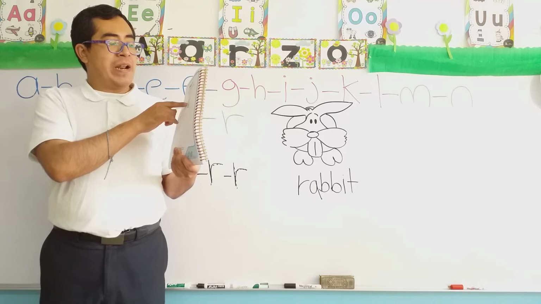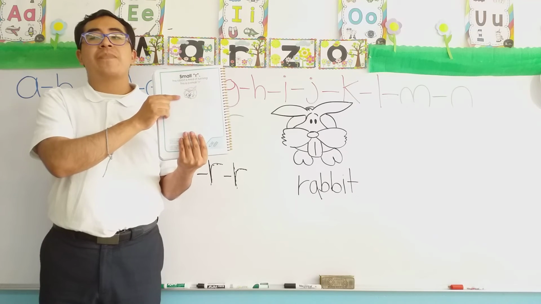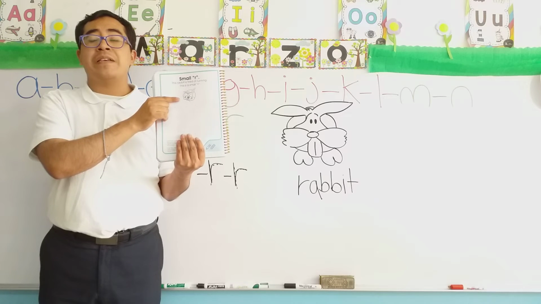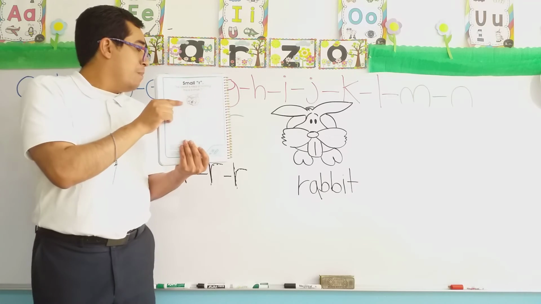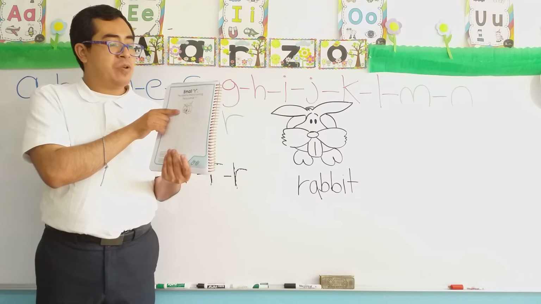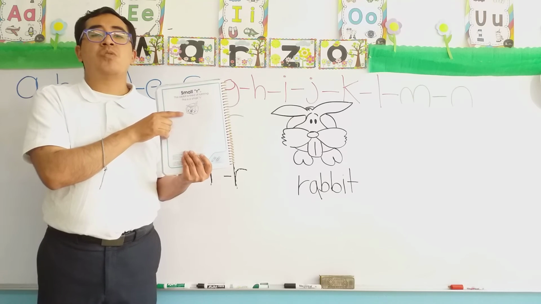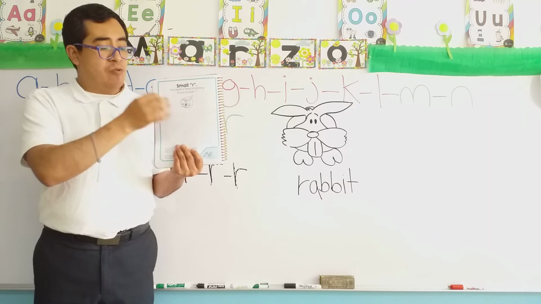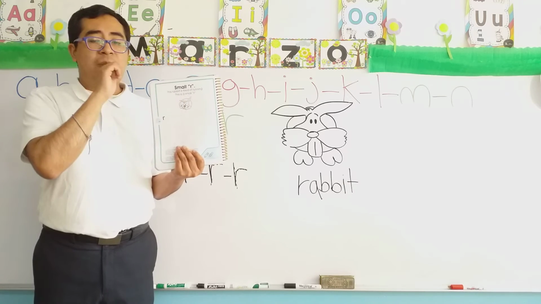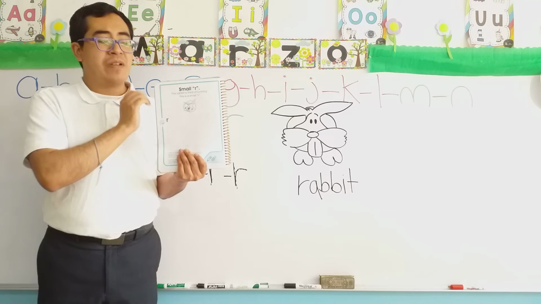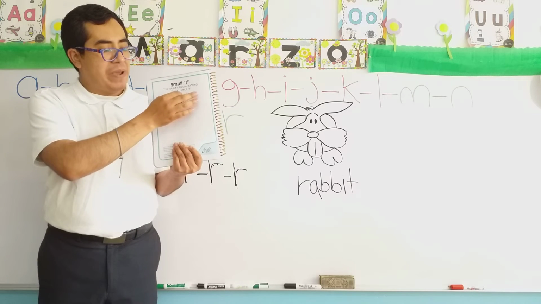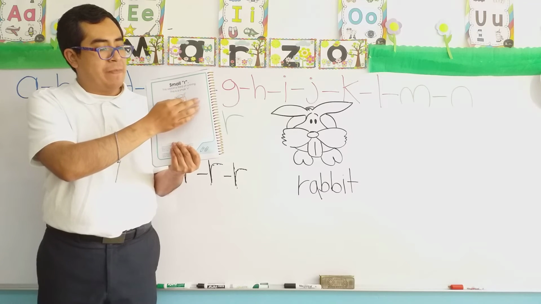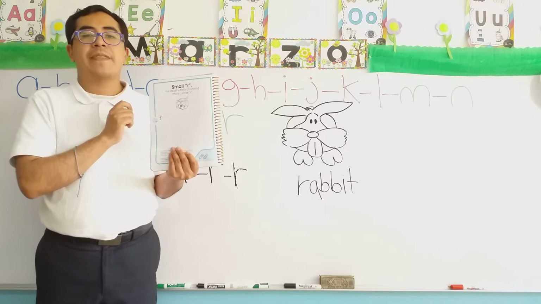Para que este dibujo quede bonito, recuerden que un color que predomina a este animal es el color blanco. Pero para que se vea mucho mejor nuestra actividad, nosotros podemos utilizar ya sea color rosa o color café. While you are painting the object, don't forget to repeat its name. Rabbit, rabbit. Rabbit is an animal that belongs to the farm.